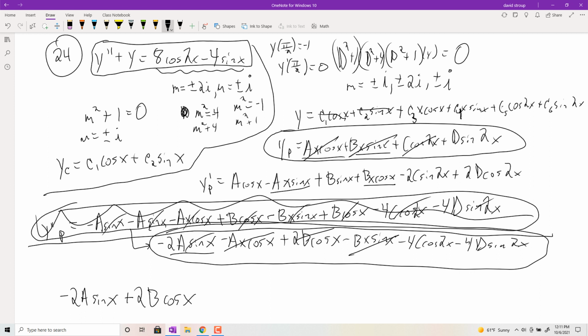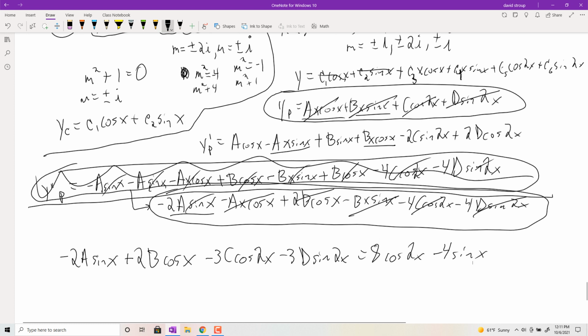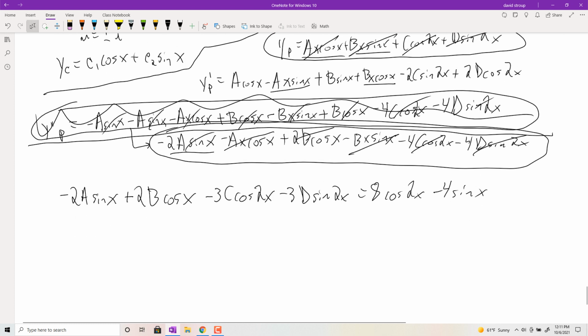And then I can add these things together, so I get minus 3c cosine 2x. Adding these together, minus 3d sine 2x. And that'll equal 8 cosine 2x minus 4 sine x. And then I can start equating coefficients.